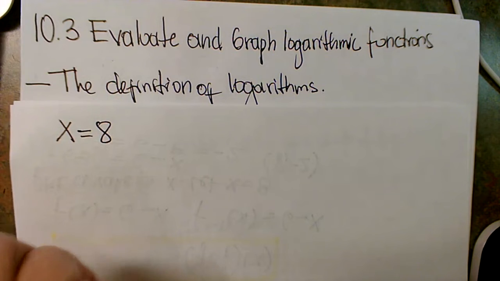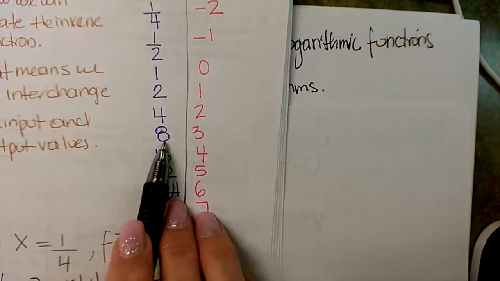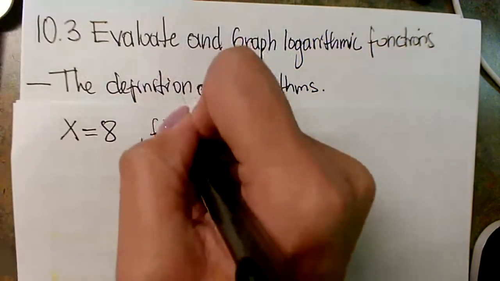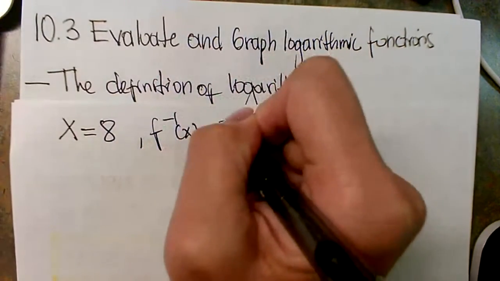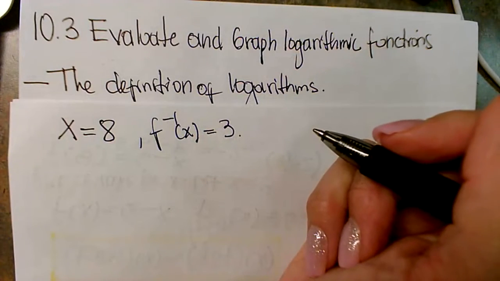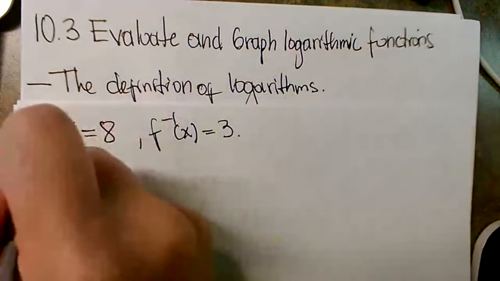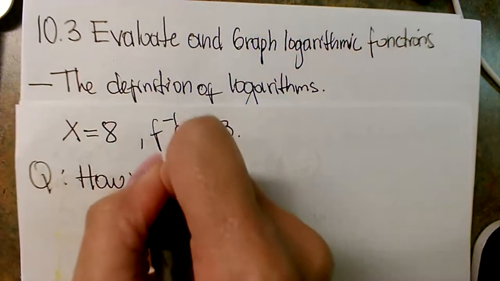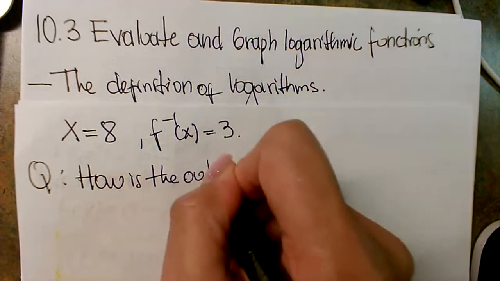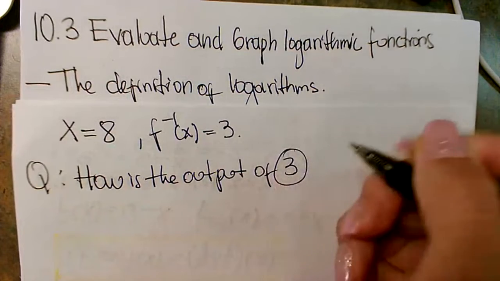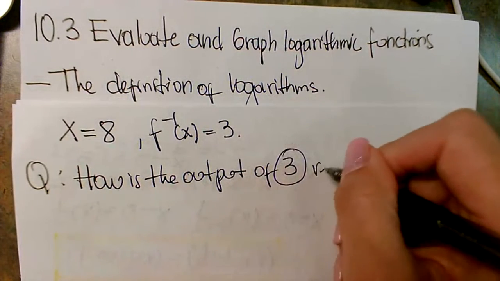Right here, we're looking at the inverse table. So the x is equal to 8, and the inverse was equal to 3, for example. So here's the question. How is the output of 3 related to the input of 8?